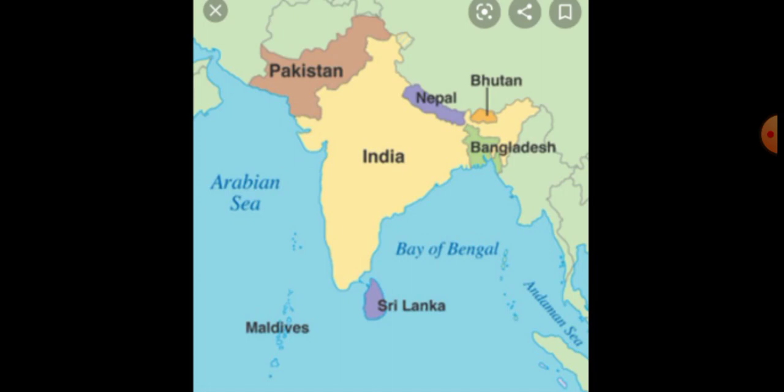Then mountainous areas are there, dense forests are there. Some pilgrim centers, that means some famous temples, are there in Rajasthan. So, Rajasthan is also known as the land of sacrifice.